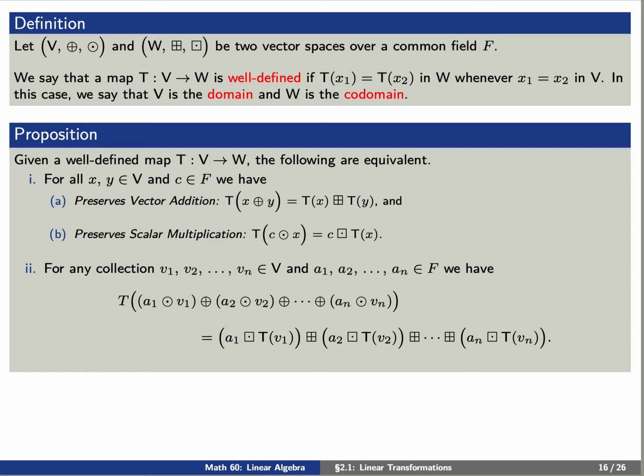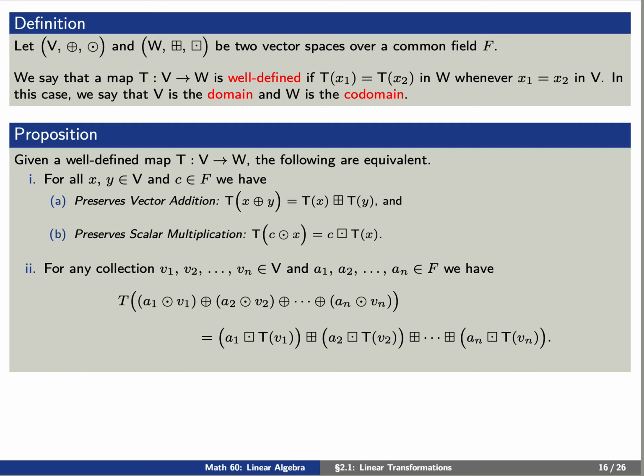This is equivalent to the second property, which is: given any collection v1, v2 through vn as vectors from capital V, and any collection of scalars a1, a2 through an in F, we have the following expression. Here we have a linear combination involving the a's and the v's.